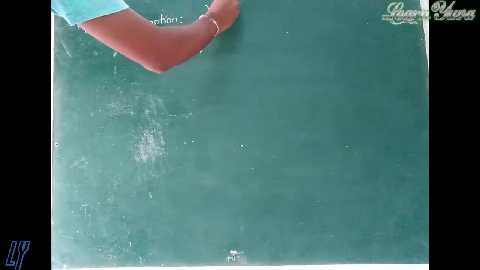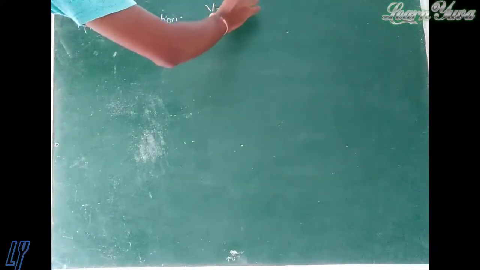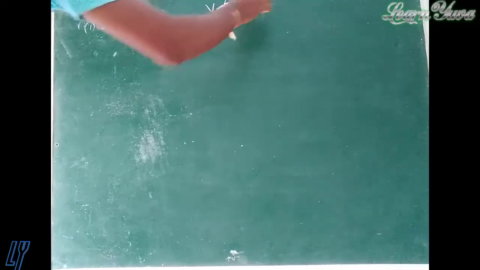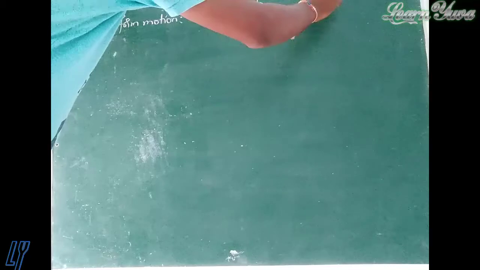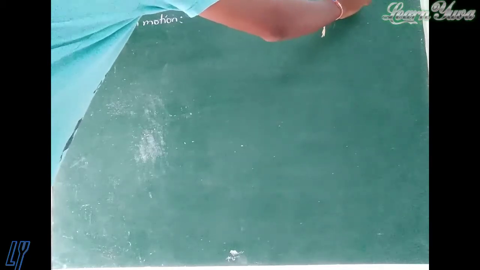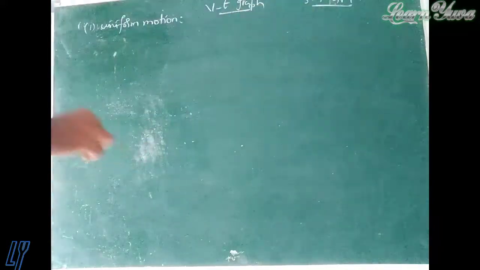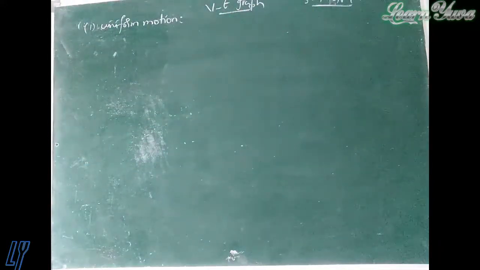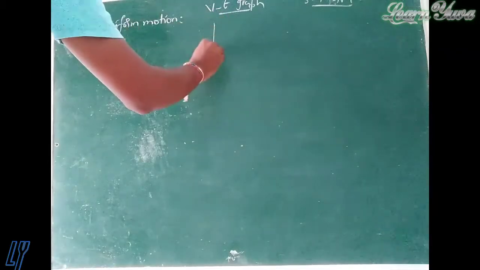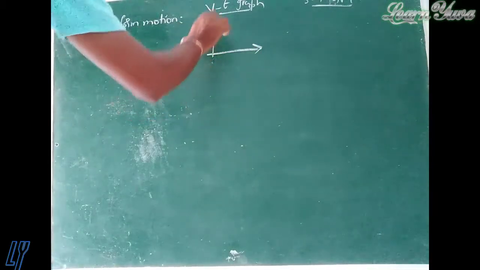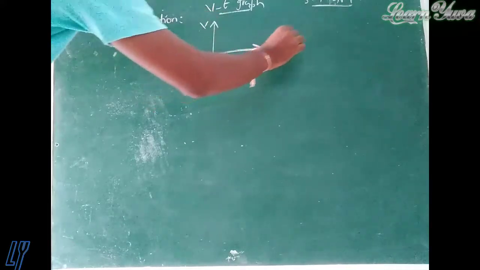In this uniform motion, if we draw the velocity-time graph alongside the displacement-time graph, the graph will be like this.